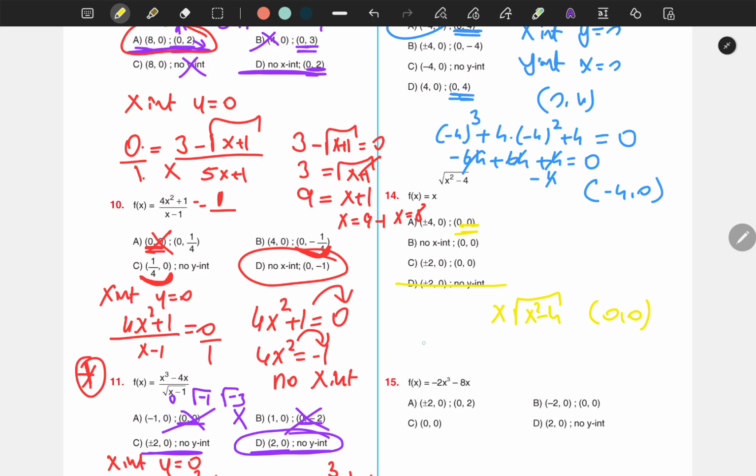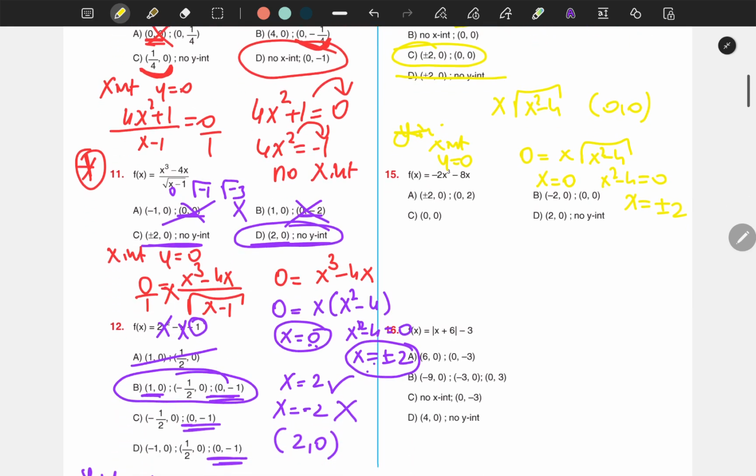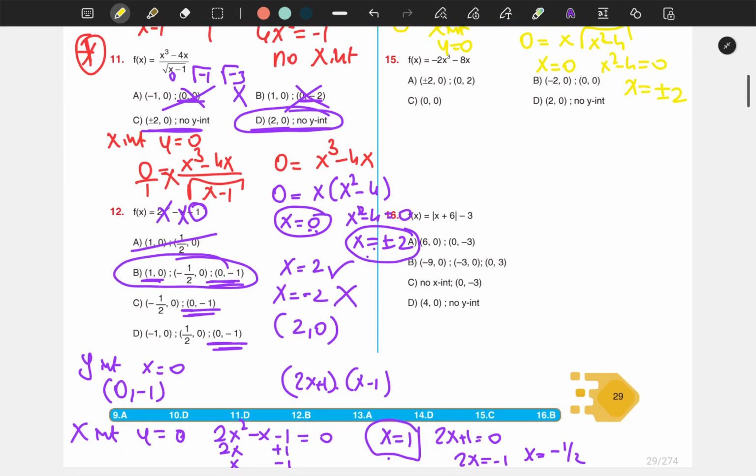And for the x intercept, y0, 0 equal x times x squared minus 4. Either x equal to 0 or x squared minus 4 equal to 0. X will be what, guys? Positive negative 2. So positive negative 2 is answer. Okay, question number 15.